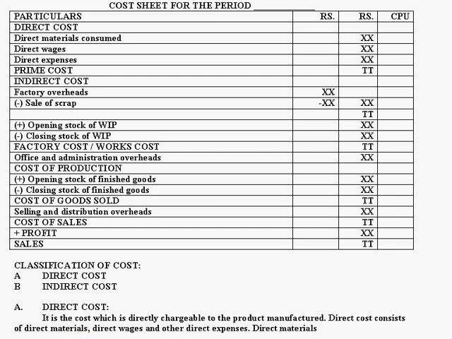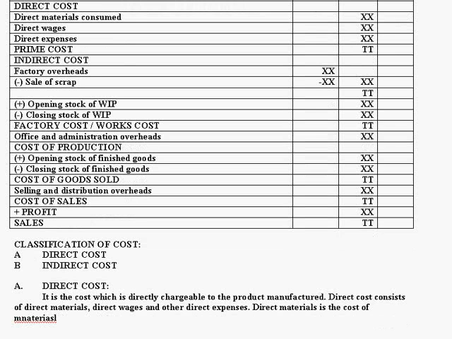Direct materials is the cost of materials used in the manufacturing of product and which becomes part of the product.